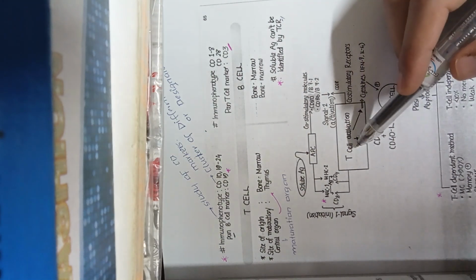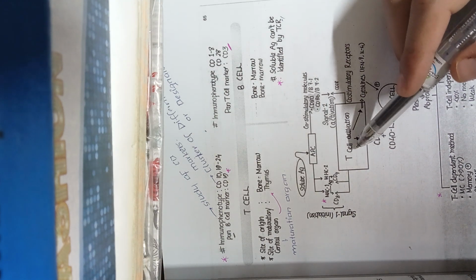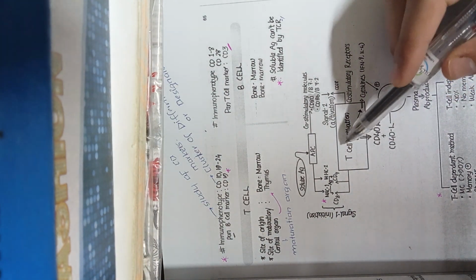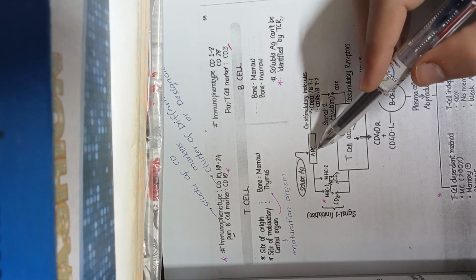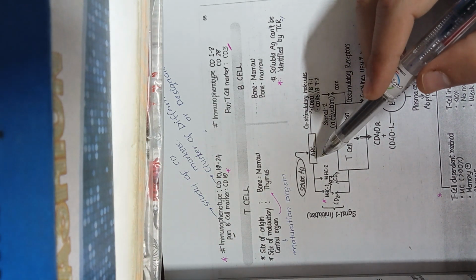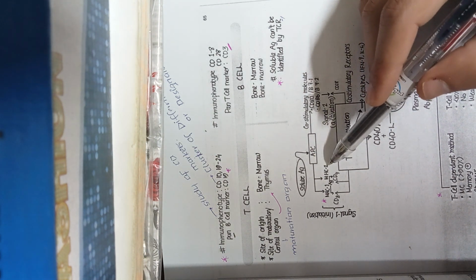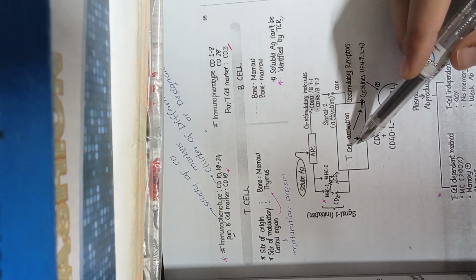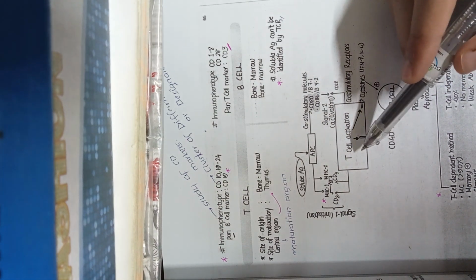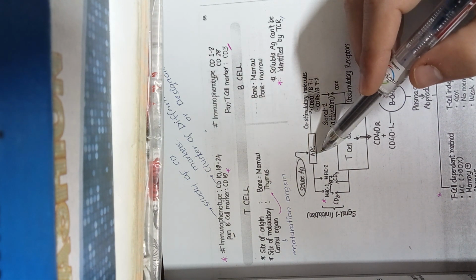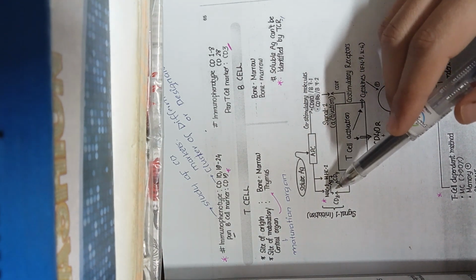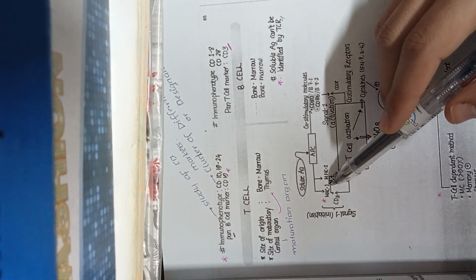Now, if this T cell is CD4, the antigen presenting cell will express MHC2. If this T cell is CD8, the antigen presenting cell will express major histocompatibility complex 1, meaning MHC1.